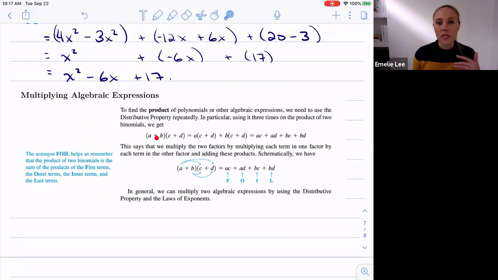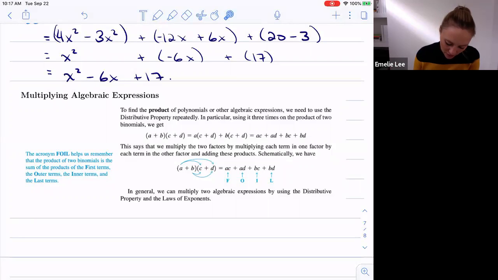So if we want to talk about a binomial, then we've got 2 terms. So here we're just going to start talking about the product of 2 binomials, but it doesn't matter. We'll extend this to just any polynomials, right? So the idea stays the same.